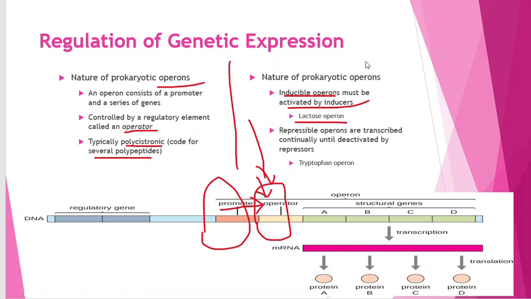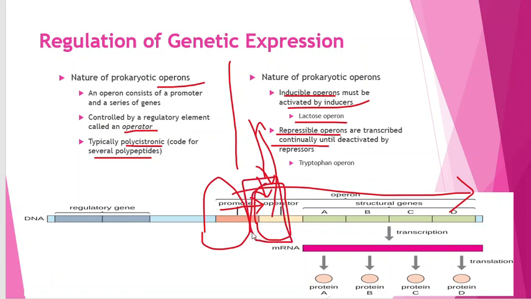So what they will do is if milk sugar, lactose, is available, then that will cause this blocker to remove, and then that will cause this guy to make all these proteins, including the one for lactase. Repressible operons is the one I was telling you about. These guys are always on, and we actually deactivate them by putting that repressor right there on the operator to keep the DNA off. The tryptophan operon is an example of that.